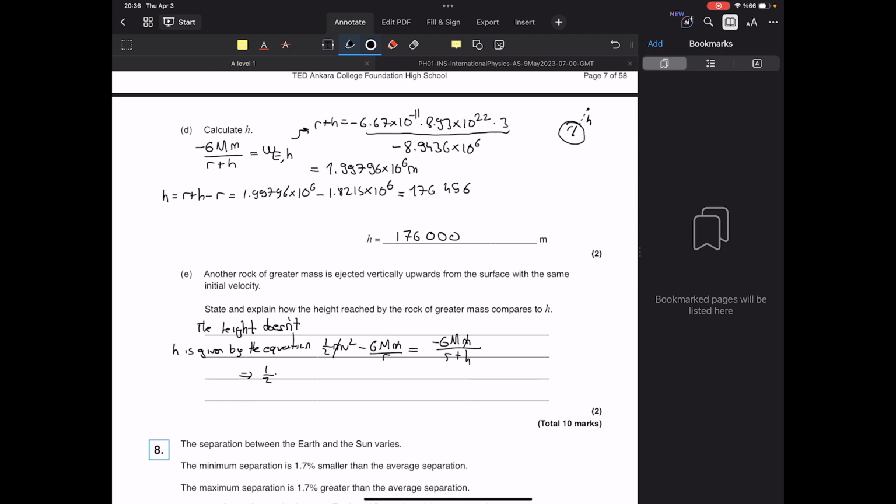We get 1/2 v squared minus GM over r equal to negative GM over r plus h.